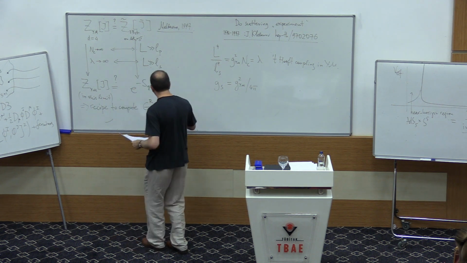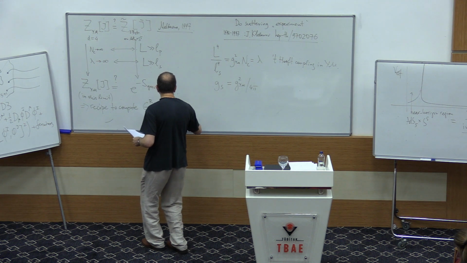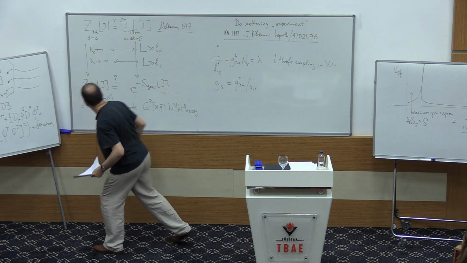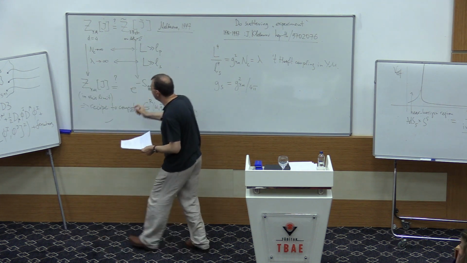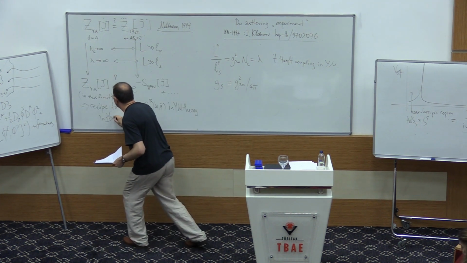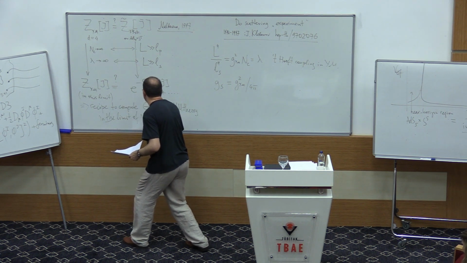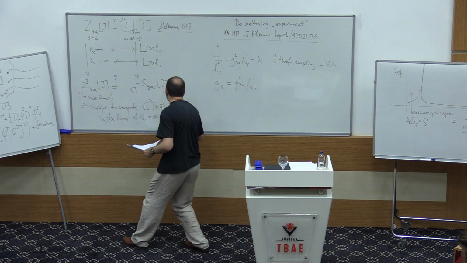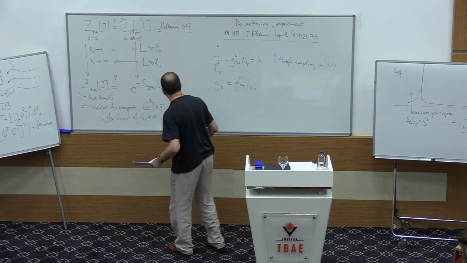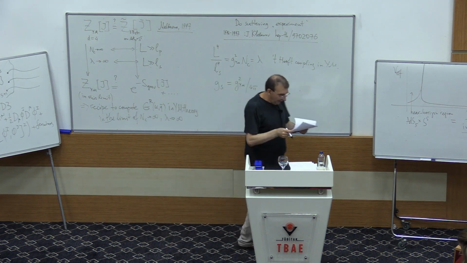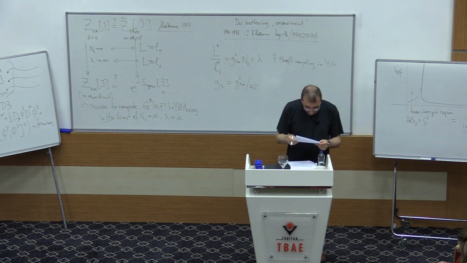Remember, this is what we wanted in Yang-Mills theory. Which one? The one in question, this one. That's in the limit of infinite N_c and infinite coupling, from gravity. Okay. Perfect. So let's do the computation.